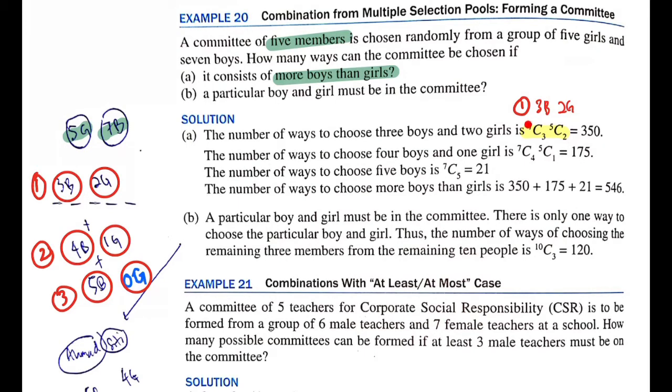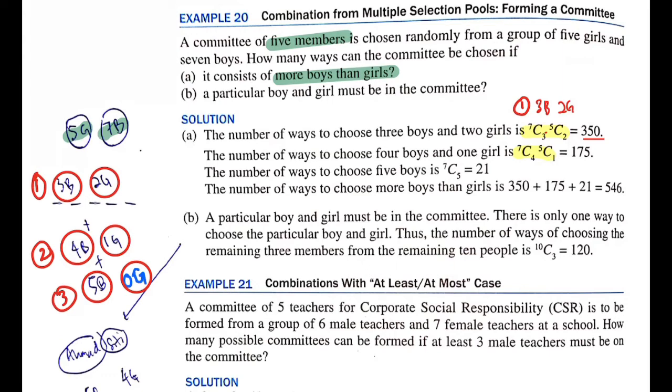From 7 boys, we want to choose 3, and from 5 girls, we want to choose 2. In one case like this, we just multiply them, and then we find the answer 350.